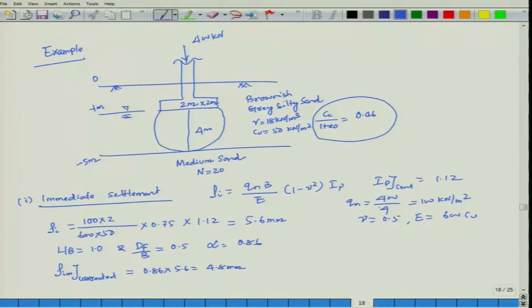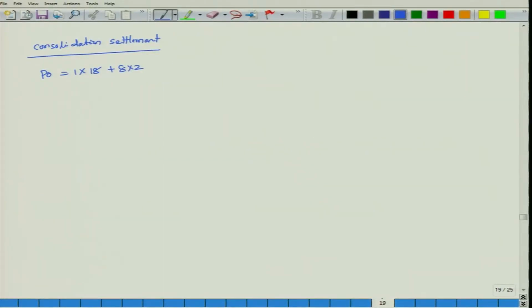Submerged unit weight, gamma saturated minus gamma w, 10 or 9.81, it comes out to be 8. Then here it is 18 plus 16, 34 kN/m².